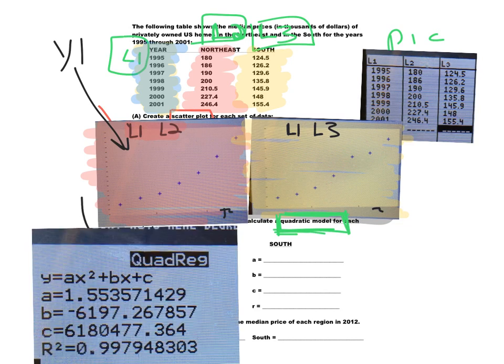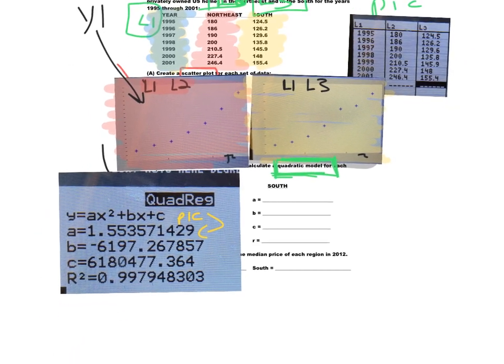And what I'm going to do is I'm going to save the quadratic regression for the northeast in Y1 on my calculator. Go down to calculate. And then take a picture of the quadratic regression for the northeast. Remember, when you do a quadratic regression, you have to give an A, a B, a C, and now we need an R value.